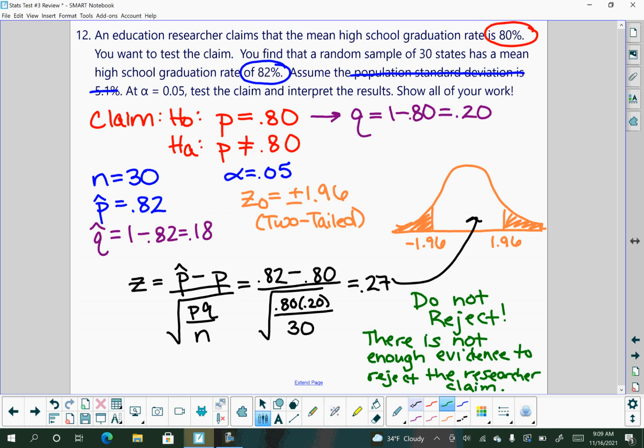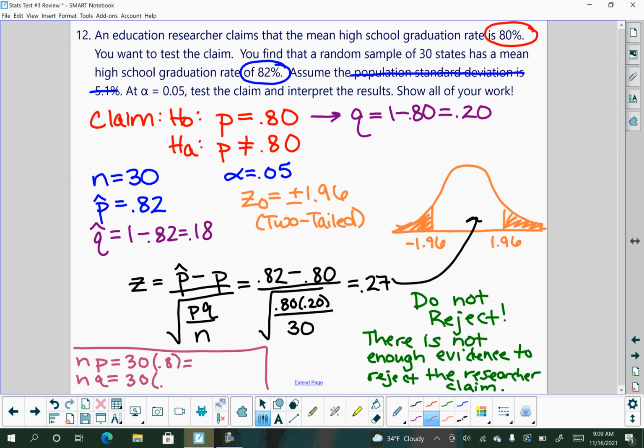One other thing I do want to note on here, which I probably should have done at the very beginning, but that's okay. It's not going to hurt anything to do it now. You do want to double check that this sample can be represented with a normal distribution. And the little test we did for that was that NP and NQ were both greater than or equal to 5. So let's test that real quick just to double check that we're good. So my N was 30, my P was 0.8.